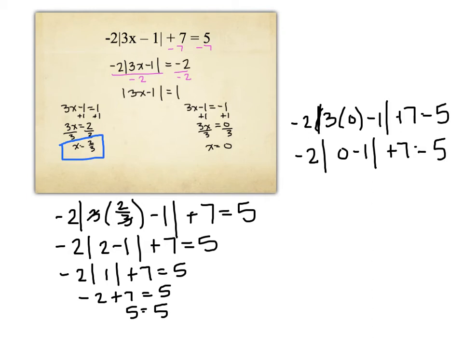So now I get -2 times the absolute value of -1, which is 1. So it's just -2 plus 7 equals 5. So I get 5 equals 5. Both of them are solutions.